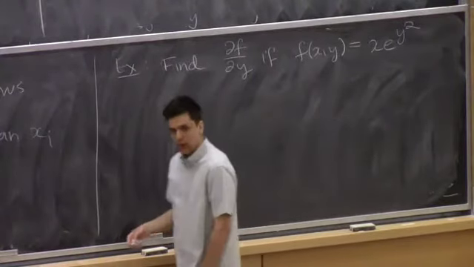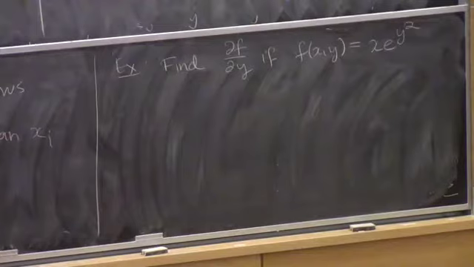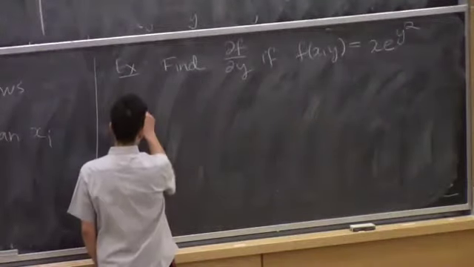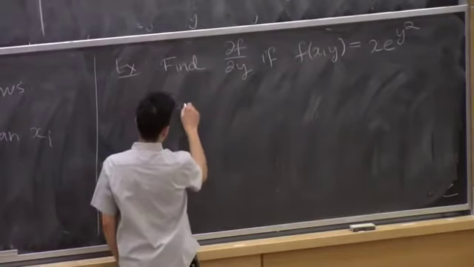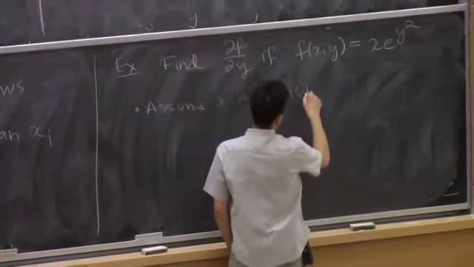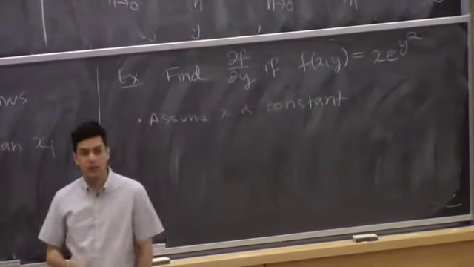If we want to find the derivative of x times e to the y squared, then we're going to assume that y is constant.